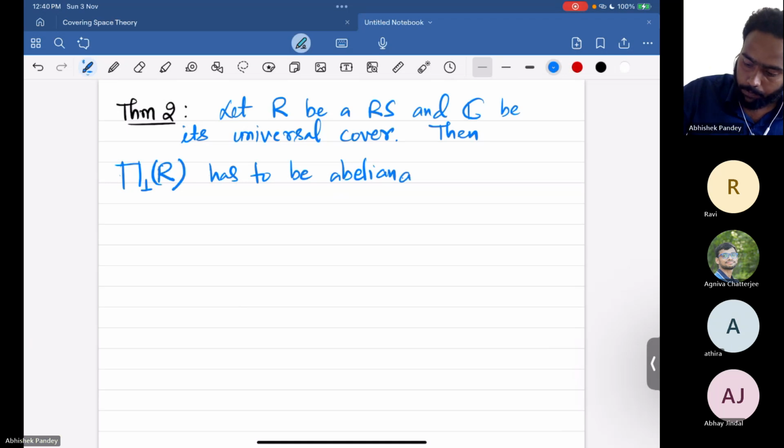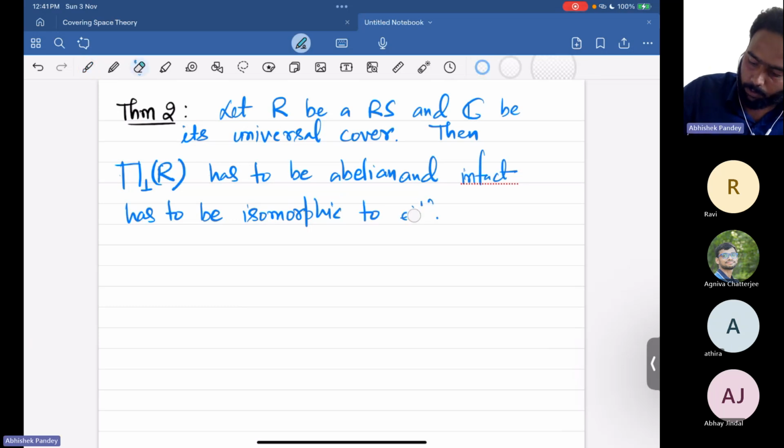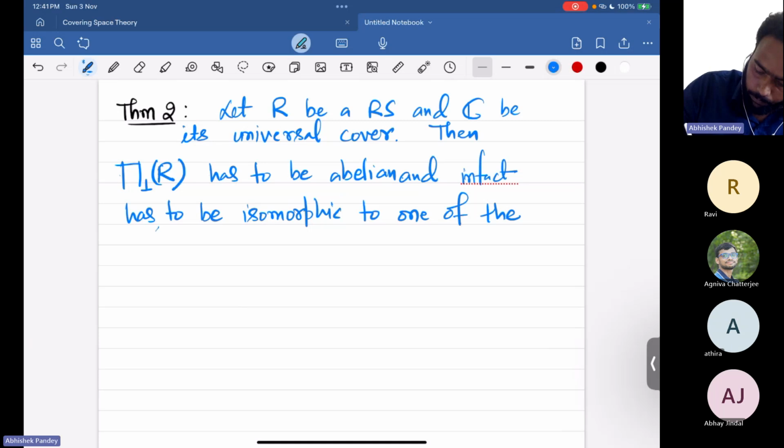This fundamental group has to be abelian, and in fact it has to be isomorphic to one of these groups, such as Z.